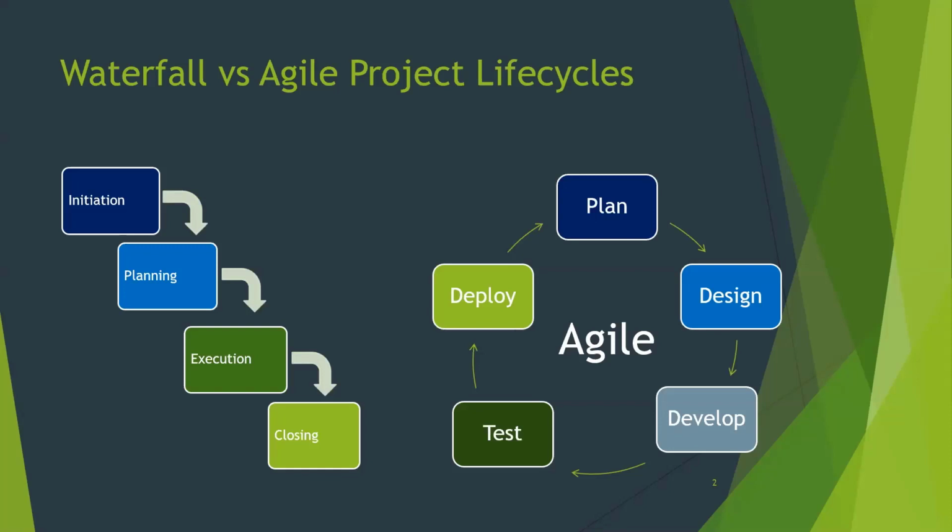And then once you've built a backlog of requirements, then you'd execute on it in a more agile approach, which is a more iterative approach, where you take a group of your requirements that are in your backlog, divide them up into different sprints, and then design, develop, test, and deploy in iterations to those requirements. Once you've delivered and gotten to a point where you have a usable product, then you proceed with the closing phase. So that's a hybrid approach to managing a project.